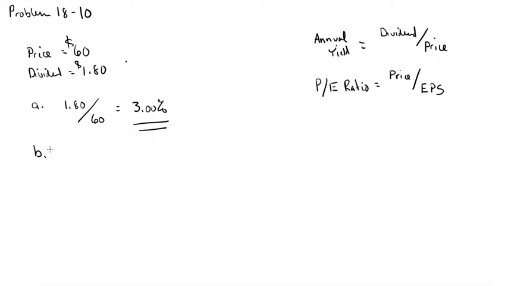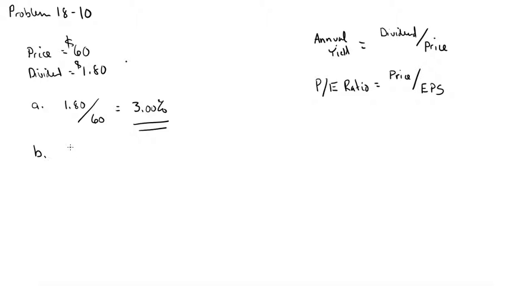And then we have question B. If the firm has a payout rate of 50%, what is the firm's PE ratio? In other words, we know that this dividend is 50% of the total payout amount.